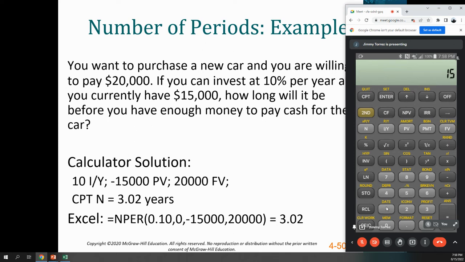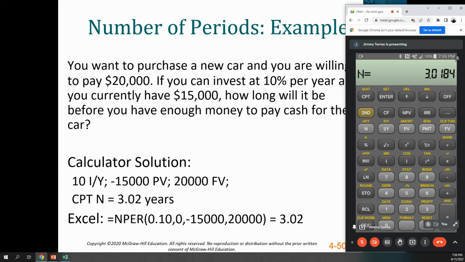So I have negative 15,000 present value, enter. The future value is 20,000, FV, enter. And of course, the number of payments is 0, so I'm going to ignore that because that's the default. And I just want to hit compute N. And voila, I get 3.0184 rounded up to 3.02 years.